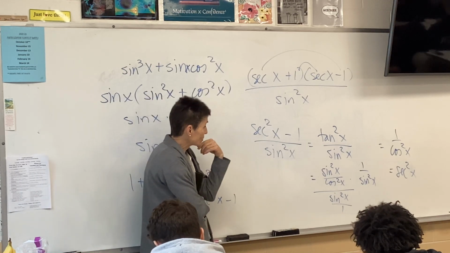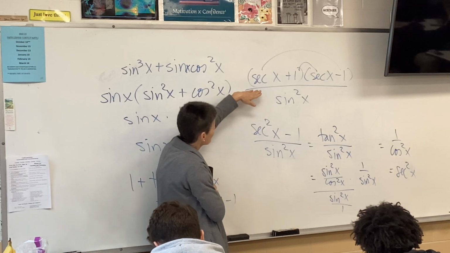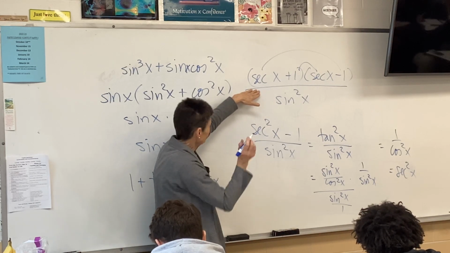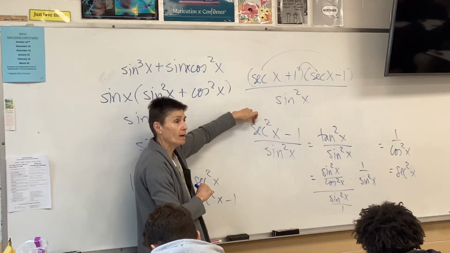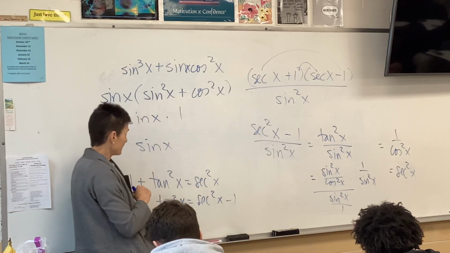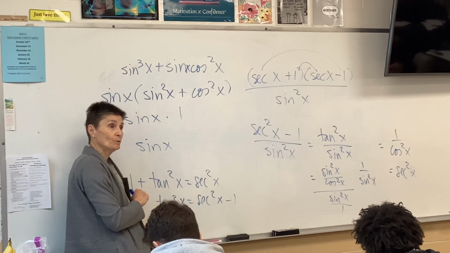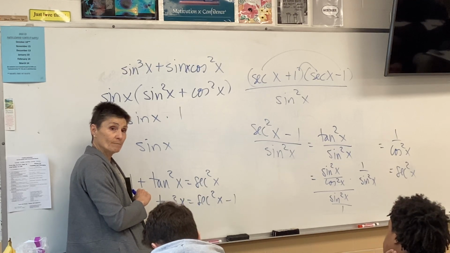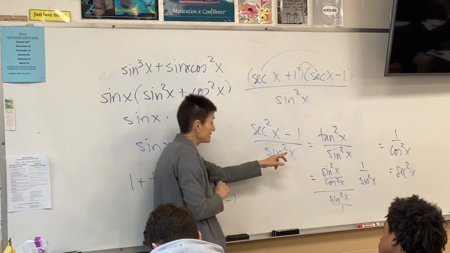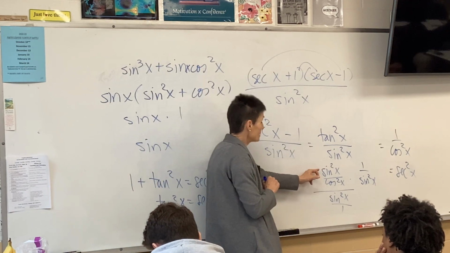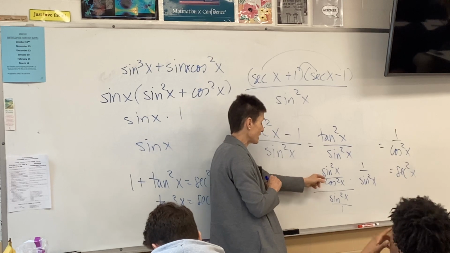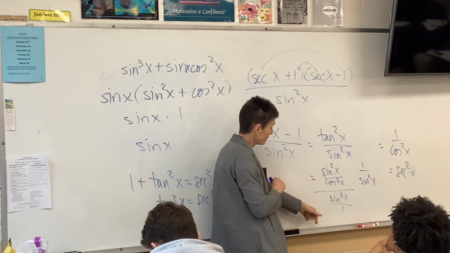Alright, so let's go back through those steps again. First thing we did was FOIL, and that gave us secant squared minus 1, which we recognized is equal to tangent squared. So then we had tangent squared over sine squared, or sine squared over cosine squared over sine squared.